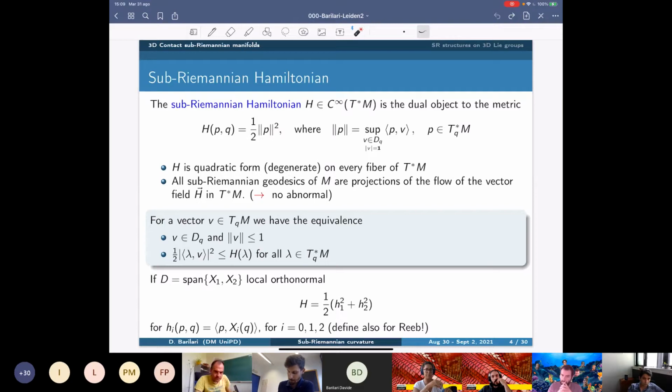So let me say again that if you have a local orthonormal frame, then H takes this form independently of the orthonormal frame, where the small h_i are linear on fiber functions associated to the vector fields, and we can keep, of course, also h0, the function which is associated with the Reeb vector field. Okay, so remember that I'm using a big X0 to denote the Reeb vector field here.